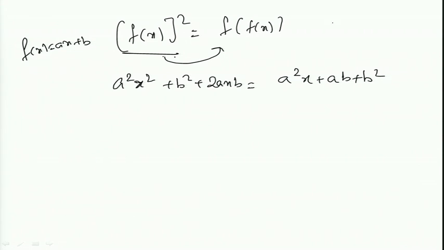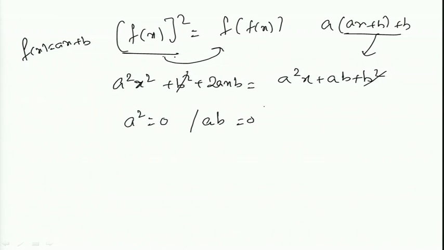So what happens? F of x is nothing but a into ax plus b. That's what I did here. Right. Now again, if I equate the coefficients, what happens? A square would be equal to 0. B square anyways gets cancelled out, and ab is also equal to 0. So automatically 2ab is equal to a square.